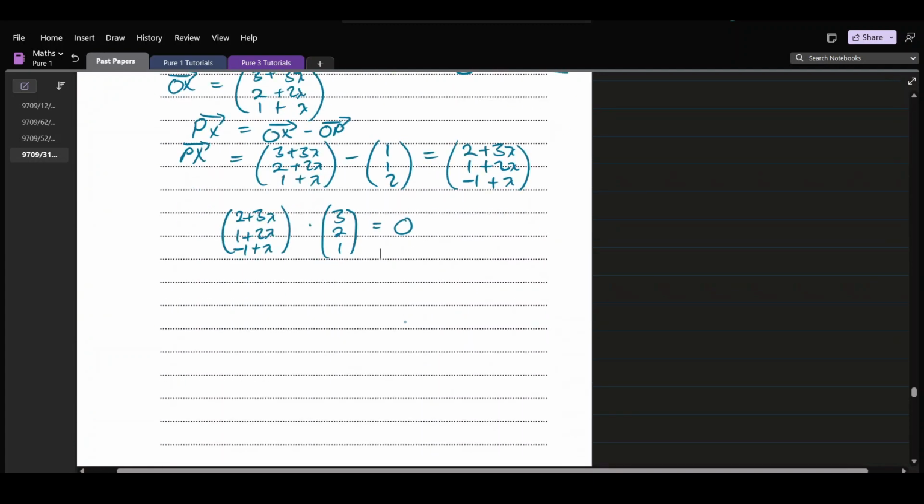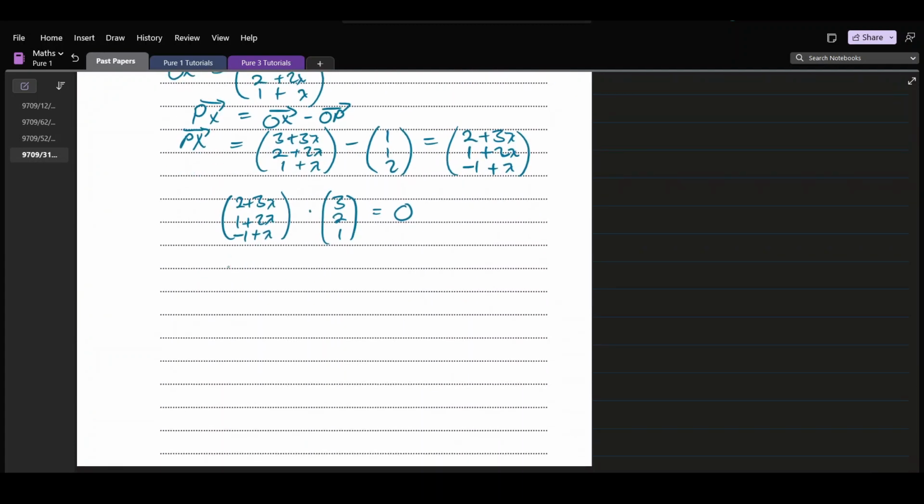So let's evaluate it. That's 2 times 3, which gives us 6, plus 3 lambda times 3, which is 9 lambda. Then 1 times 2, which is 2, and 2 lambda times 2, which is 4 lambda. Negative 1 times 1 gives us negative 1, and lambda times 1 is plus lambda, and this is equal to 0.